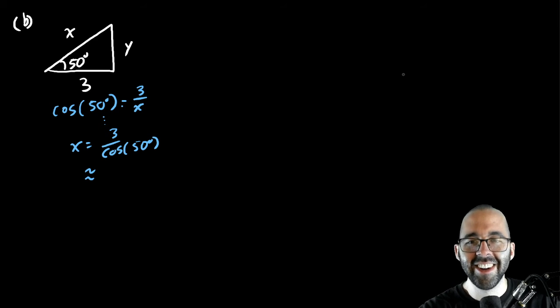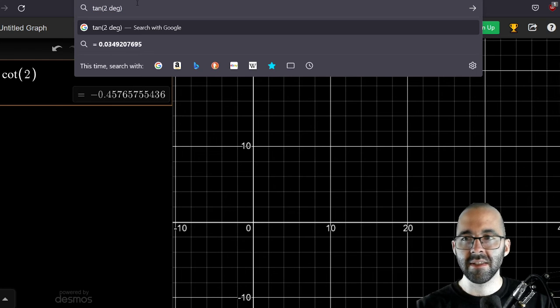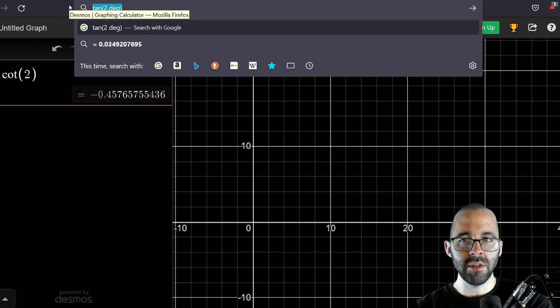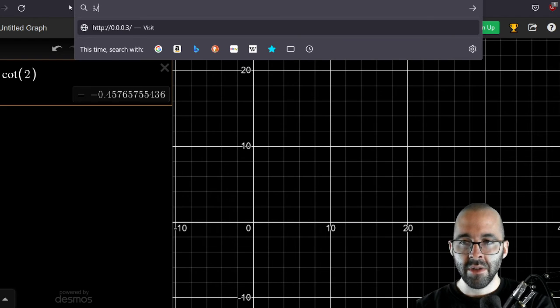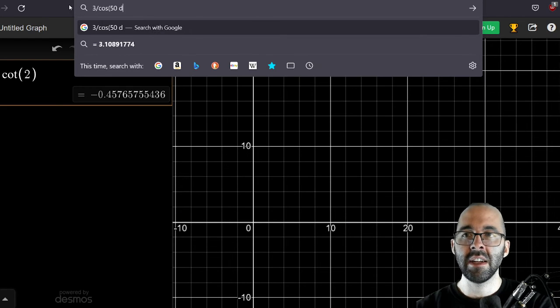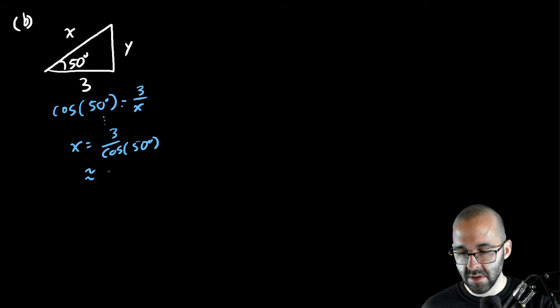All right, so I'm going to go over here. 3 divided by the cosine of 50 degrees. Remember, we have to use Google or your handheld calculator if we want degrees. 3 divided by the cosine of 50 degrees is going to be about 4.6672. That's going to be our x value.